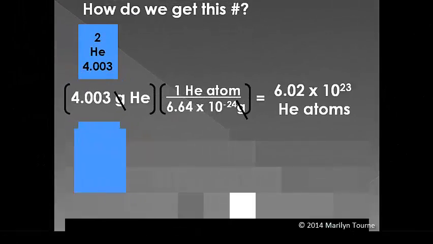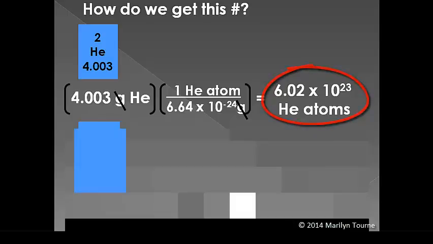So how do we get this magical number? Well, if we were to take 4 grams of helium and we knew how much 1 atom of helium weighed, which we know, of course, is 6.64 times 10 to the negative 24th grams, and we divided the 4 grams by the mass of 1 helium atom, guess what we get? 6.02 times 10 to the 23rd helium atoms.